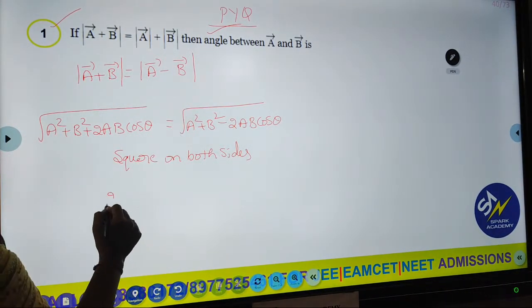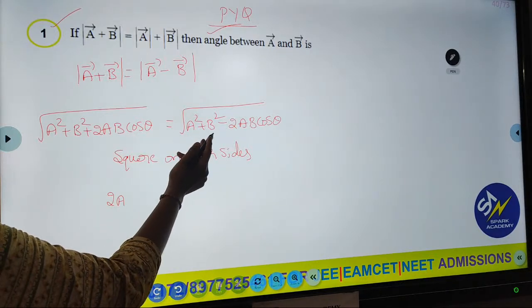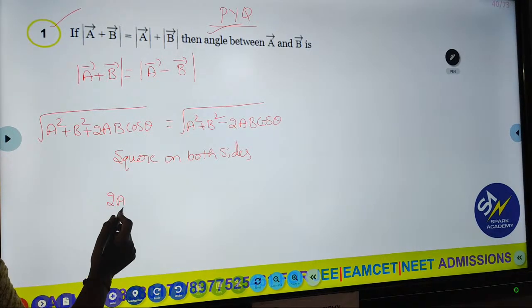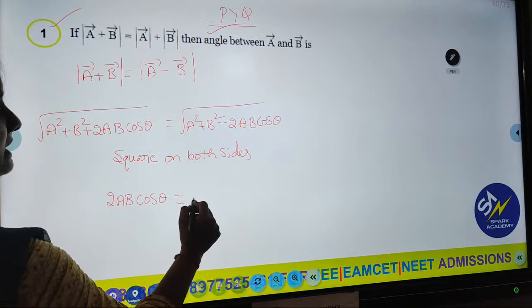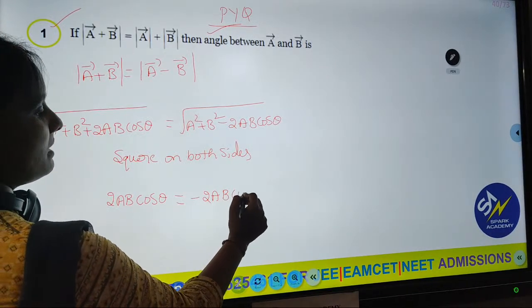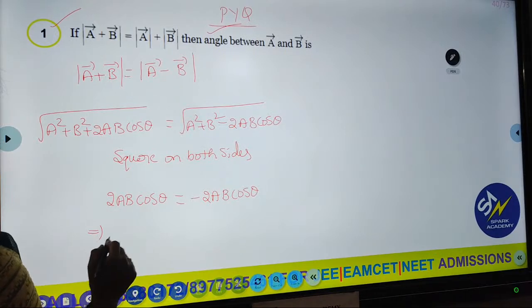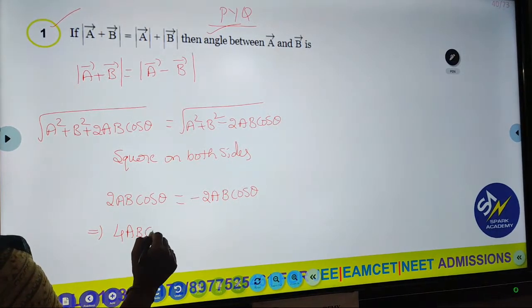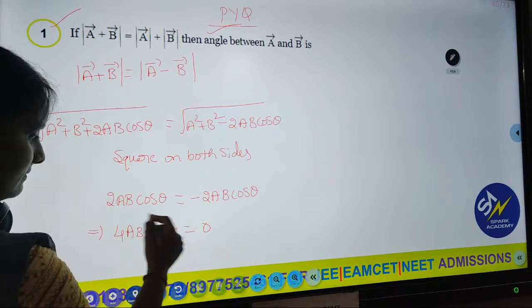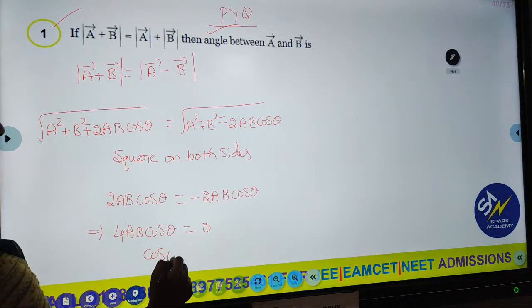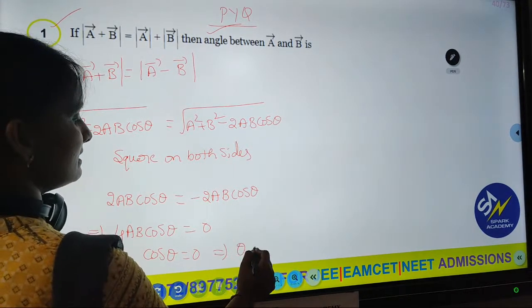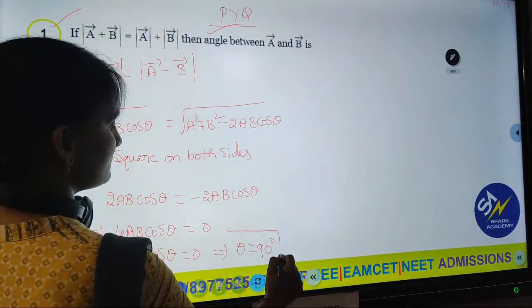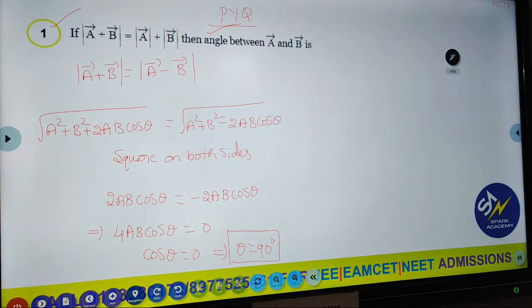Then we get A square plus B square, and the same terms cancel from both sides, and 2AB cos theta is equal to minus 2AB cos theta, which gives 4AB cos theta equal to 0. Then cos theta is equal to 0. For which angle is cos theta 0? Theta is 90 degrees, which is the angle between A bar and B bar.